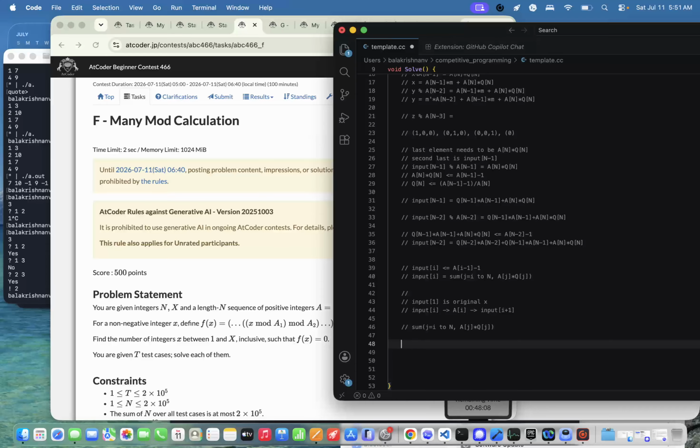So q of j is less than or equal to, because that's the remainder. Extremely hard.